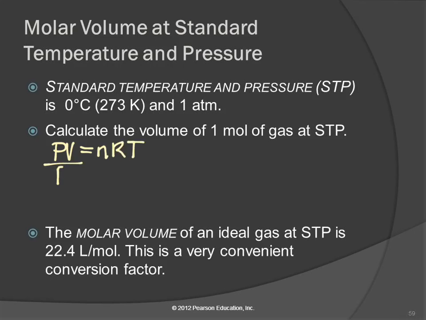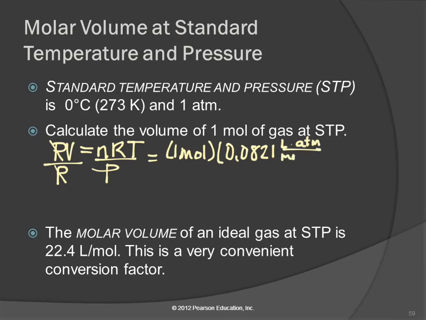So if we divide by P on both sides, we get volume equal to nRT over P. So it told us that n was 1, so 1 mole, and R is always the same, liter atmospheres per mole Kelvin.